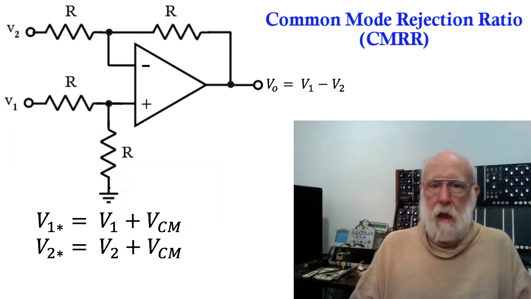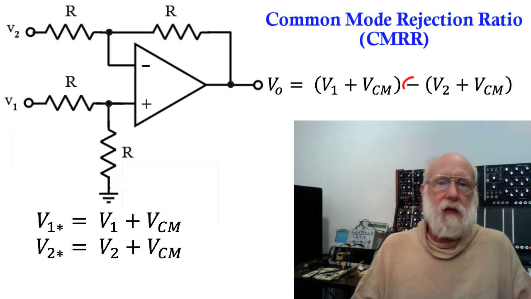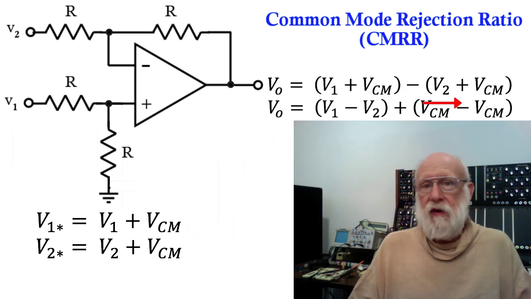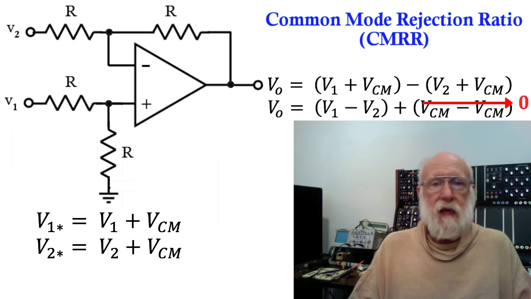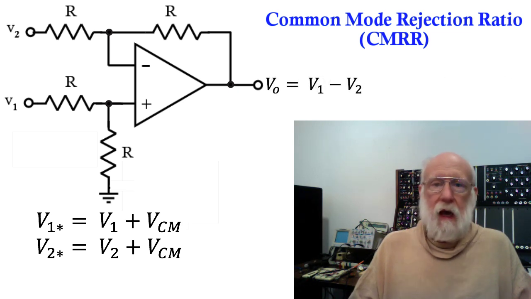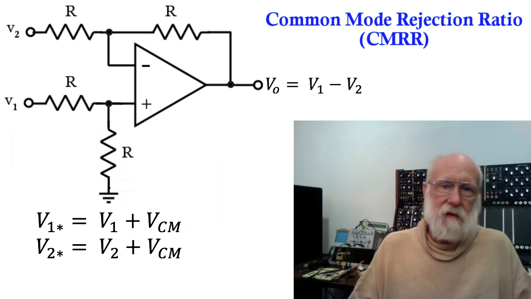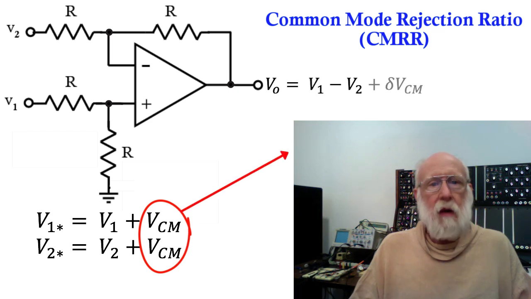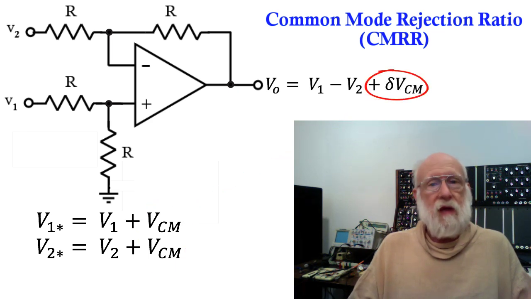Now ideally, since the signal of interest is just added to that common mode signal, since it's a difference amplifier, ideally the contribution of that common mode would be 0, so it would not affect the output. Now, as is usually the case, things aren't perfect, and so you actually do get some of that common mode signal feeding through to the output.